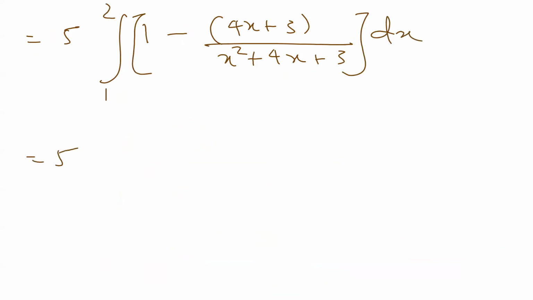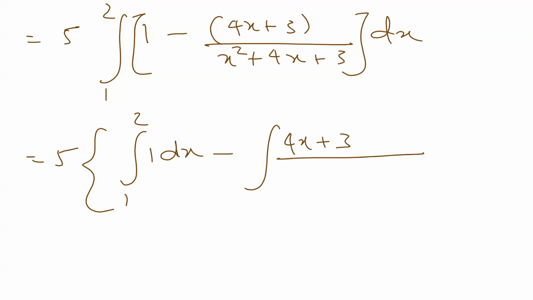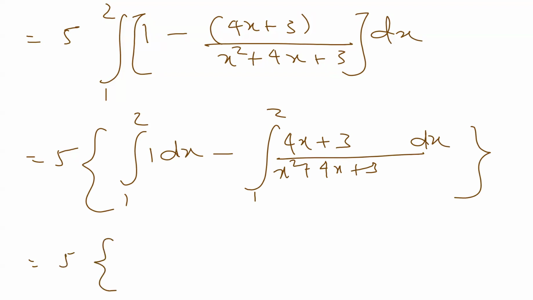So 5, curly bracket, integration of 2 and 1, 1 dx, minus 4x plus 3 upon x square plus 4x plus 3 dx, 2 and 1. So this is going to be 5 times integration of 1 is x, 2 upon 1, minus I1. Let us make this as I1.